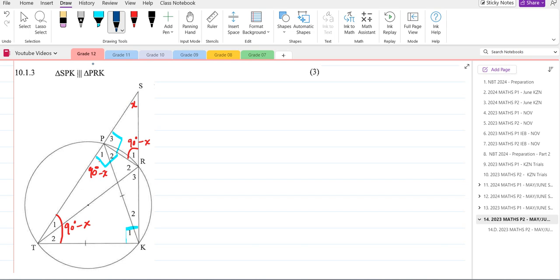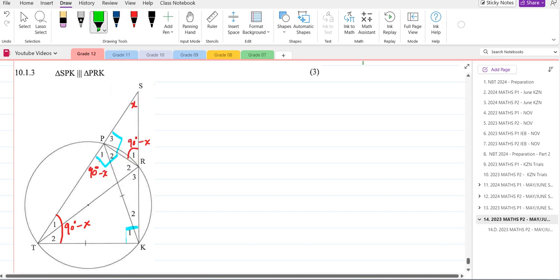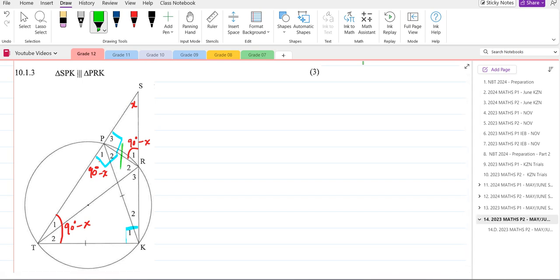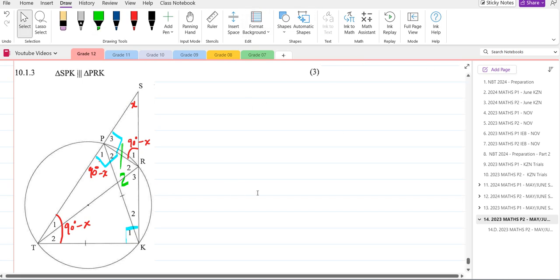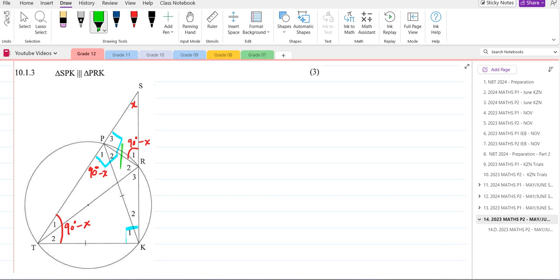SPK is the big one, the first triangle, and PRK is the second triangle.